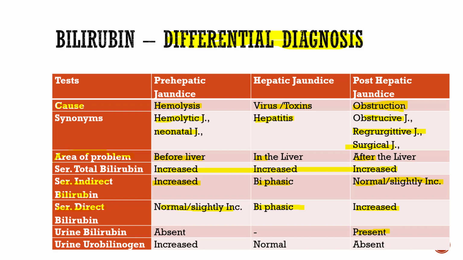So in obstructive jaundice you can see increased bilirubin in urine, but in prehepatic jaundice, since the bilirubin is bound to albumin, it will never be present in urine, so it will be absent.